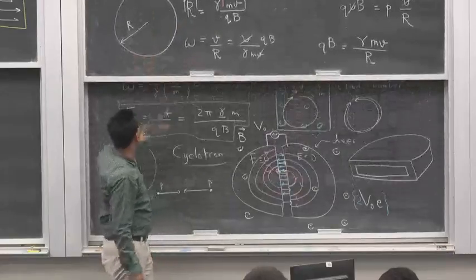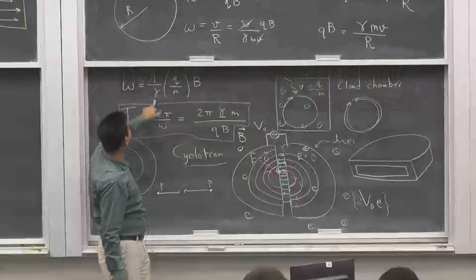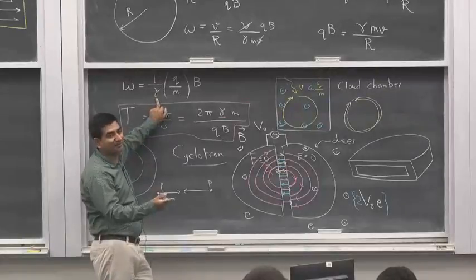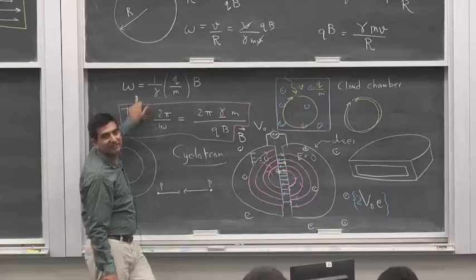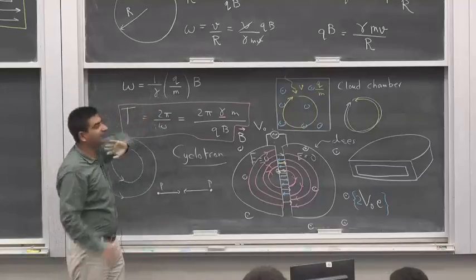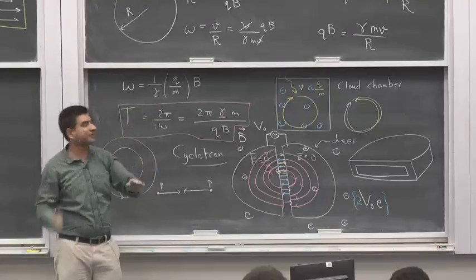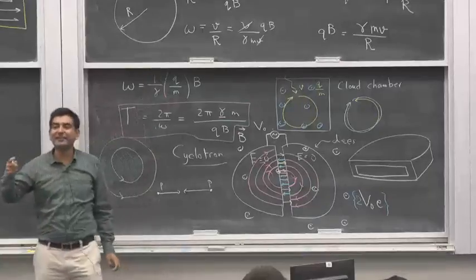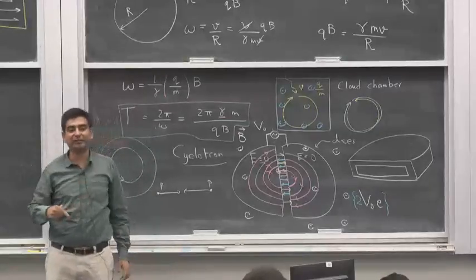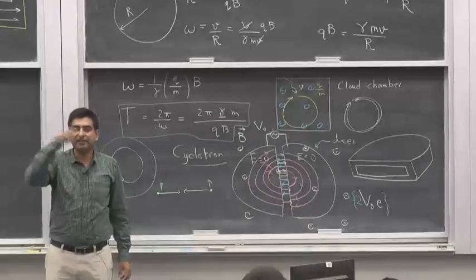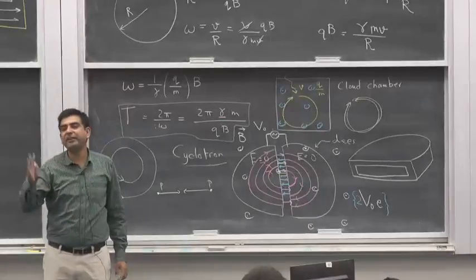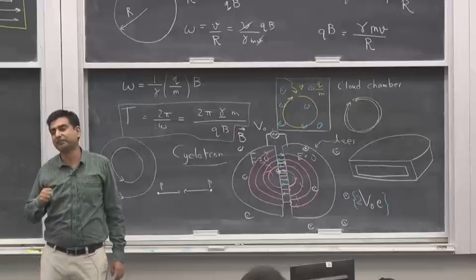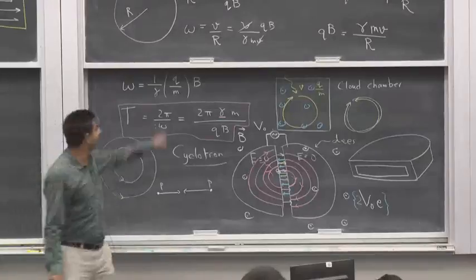You see, the omega would now depend upon the speed. So the speed goes up, omega changes. We've assumed that at low speeds, which are non-relativistic speed, this is 1, so this does not really exist. But when you've accelerated the electron to speeds close to the speed of light, in CERN, the speed of protons is roughly 99.999% of the speed of light. It's really high speeds. Okay? So there gamma cannot be ignored.